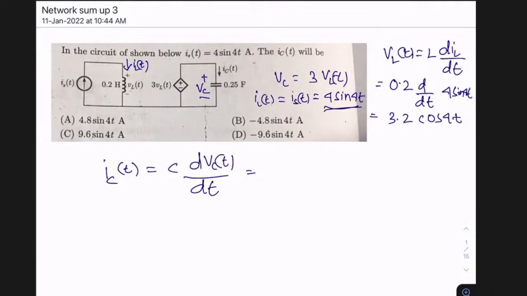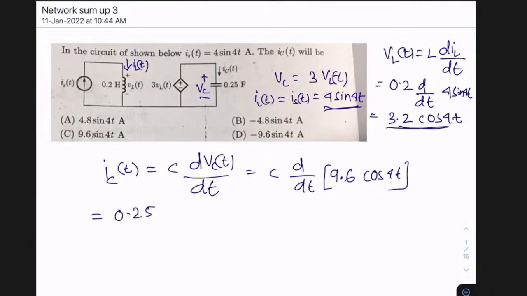Now if I substitute in this equation, this is C into d by dt of V_C(t). What is V_C(t)? 3 V_L(t). So 3 V_L(t) means 3 into these things, so this is 9.6 cos 4t. And the C value is also given to us. C is 0.25.